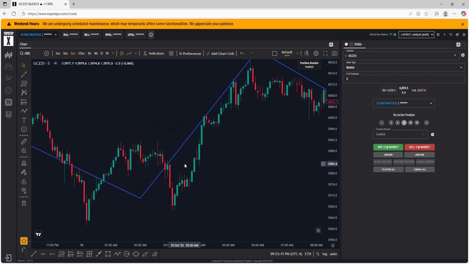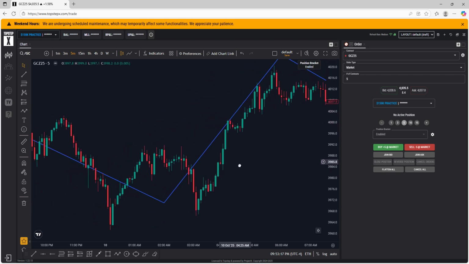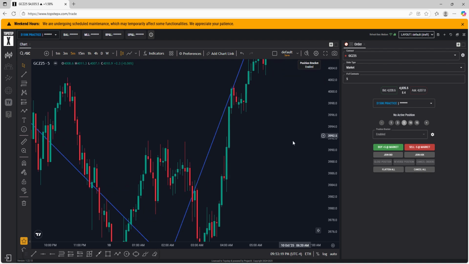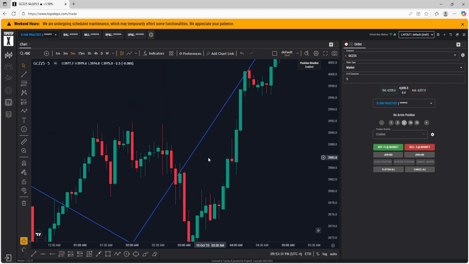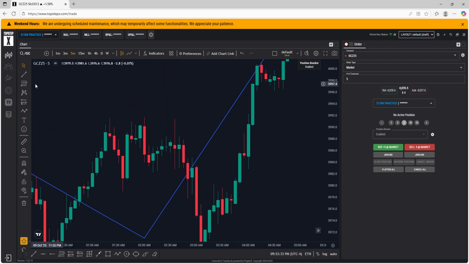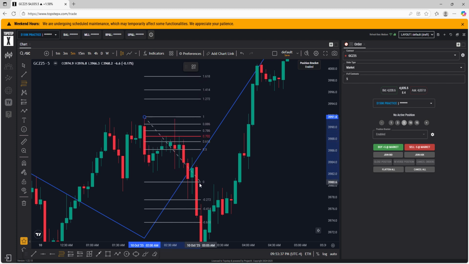Let's see if I can find a bearish engulfing. Oh, right here. At this point, this candle engulfs this candle. What does it do? It starts the pullback.